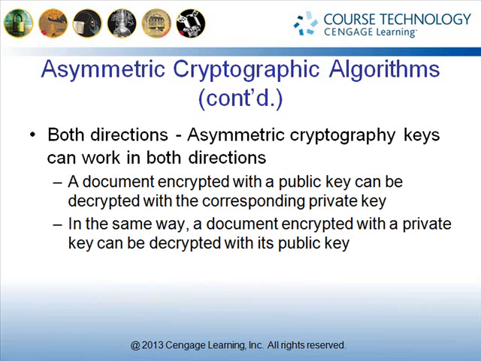Asymmetric cryptographic keys can work in two directions. A document encrypted with the public key can be decrypted with the corresponding private key, as we said. But in the same way, a document encrypted with a private key can be decrypted with a public key. We're going to see how that is used in just a moment, but it's important to remember that it's a two-way process, if you would.